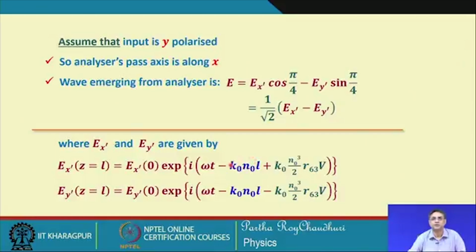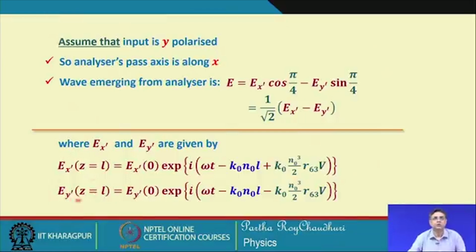So, this is the fixed phase which is carried by both the x and y polarized light. But this is the phase which is proportional to the external voltage. So, one is added up, one is subtracted depending on the magnitude of the coefficient r 63 for KDP and also the direction of the voltage.